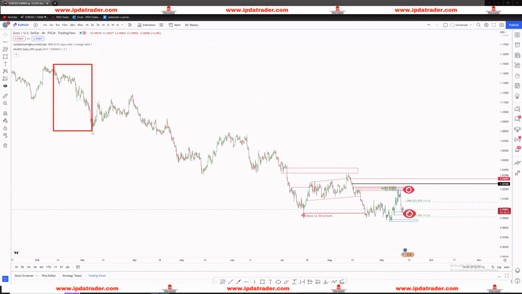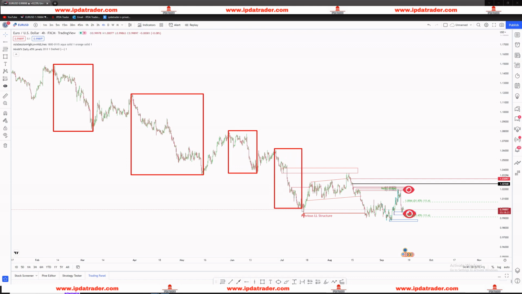We have a beautiful expansion. We're actually going to highlight all the expansions first, right? Another expansion, another expansion, another expansion, right? Pullback retracement, expansion below the low, pullback retracement, and now we're potentially entering another expansion phase, right?